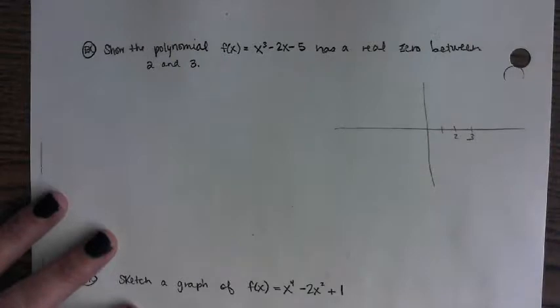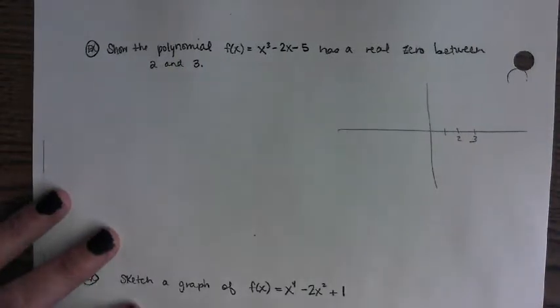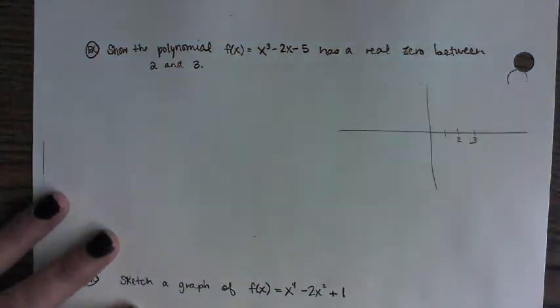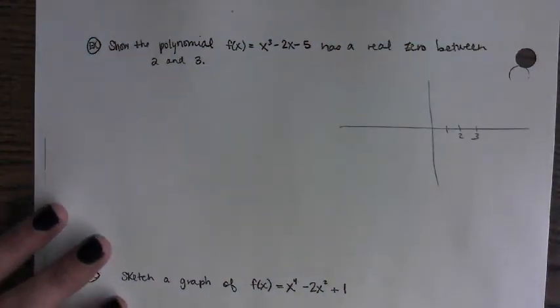How would you go about showing that, given that you don't have a calculator and given that this is not really solvable? Aiden? You would put in 2 and 3, and one came out positive and one came out negative, and you would know at some point it crossed.